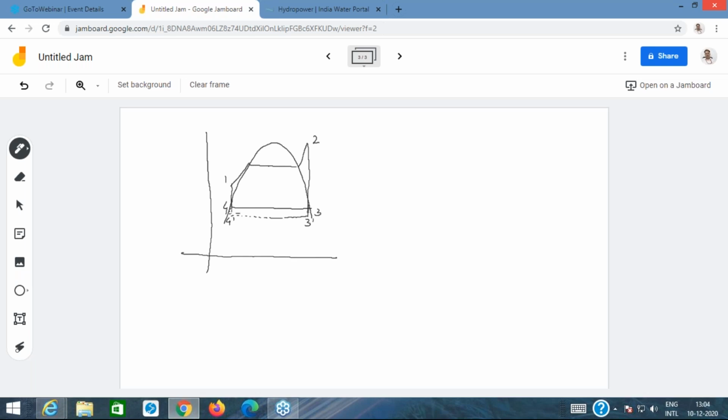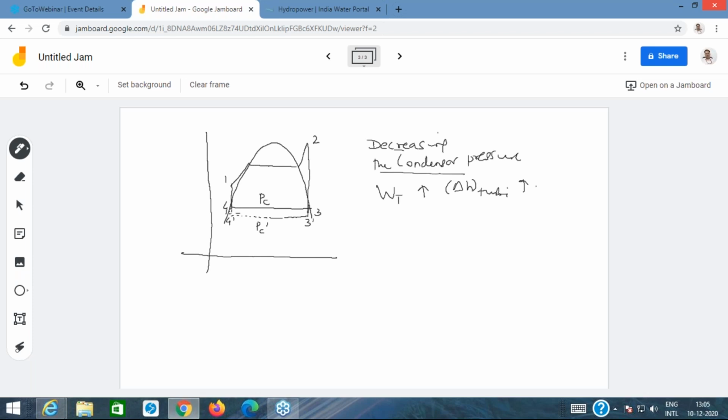Earlier, let us say the condenser pressure was PC, and now the condenser pressure is reduced to PC dash. So what happens because of this is that when you are decreasing the condenser pressure, what you see is that the turbine work would increase because delta H across the turbine would increase, right?